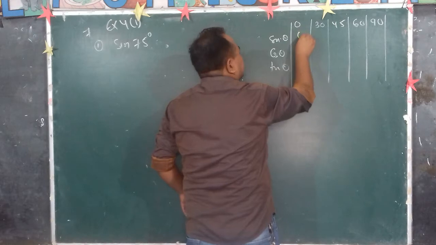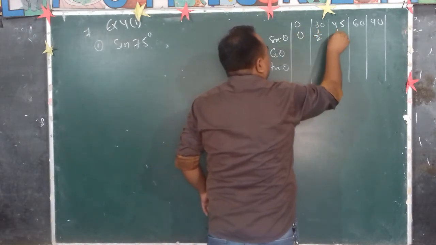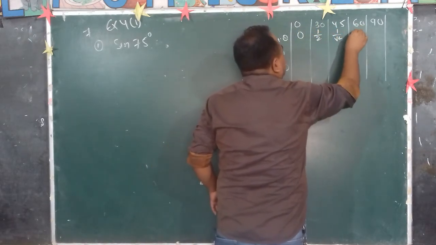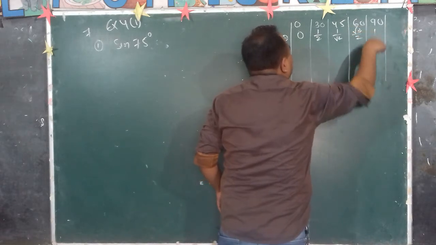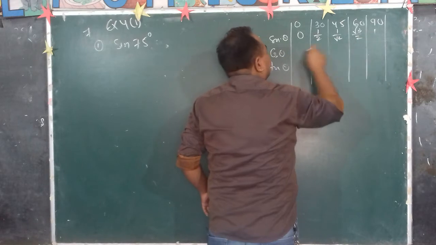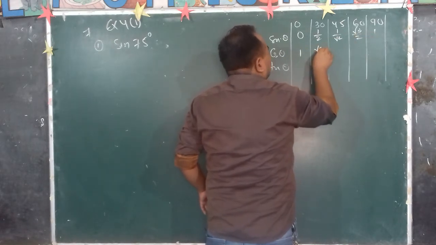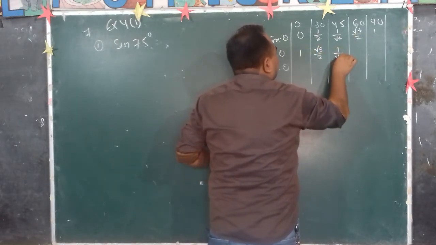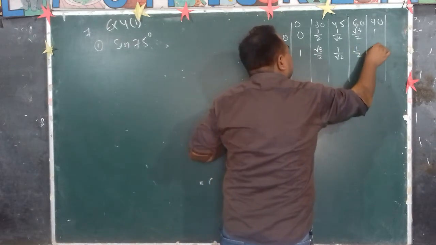So sine 0 is 0, sine 30 is half, sine 45 is 1 by root 2, sine 60 is root 3 by 2, sine 90 is 1. Cos will be just the opposite of it: 1, then root 3 by 2, 1 by root 2, half and 0.